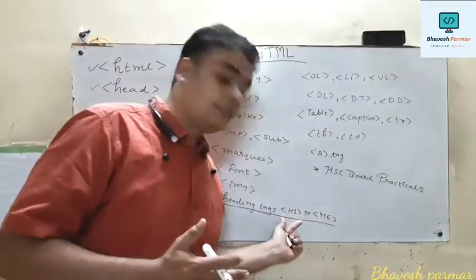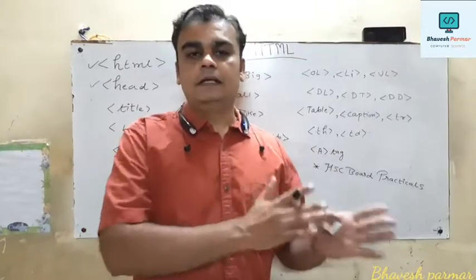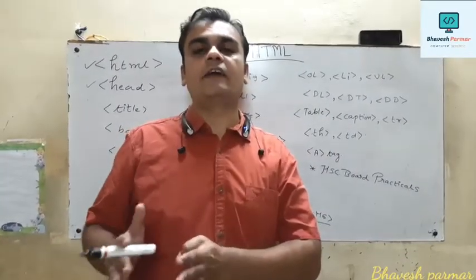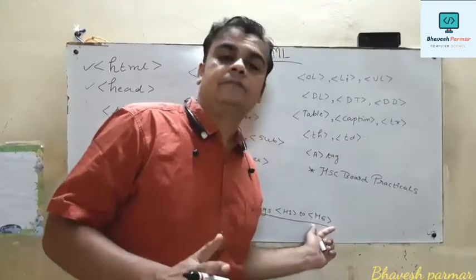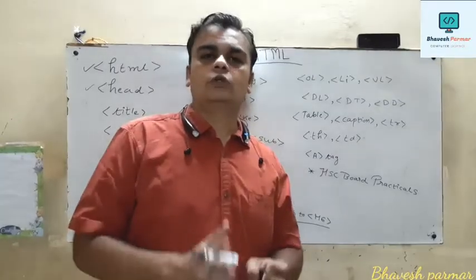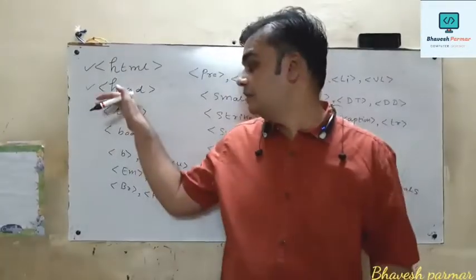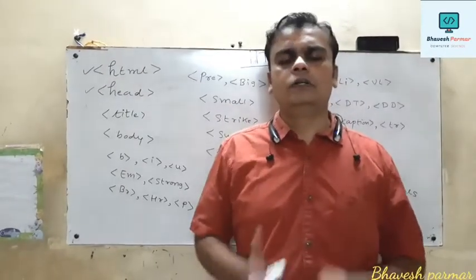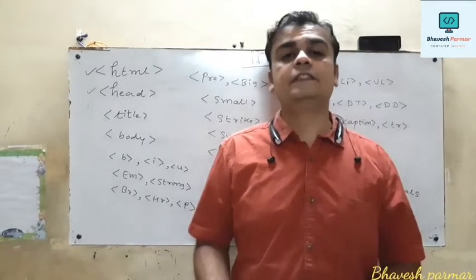H1 tag represents the data with the largest font size, then H2 is quite smaller, H3, H4, H5, and finally H6. So H6 tag represents the data with the smallest font size. We can use these heading tags either in the head section or separately in the body section according to our requirement. It totally depends on the programmer's thinking where it is used.